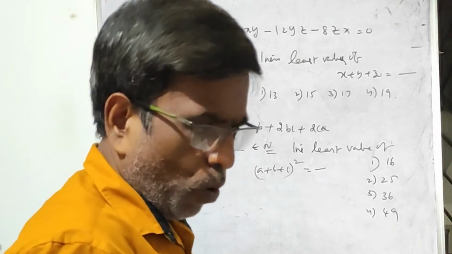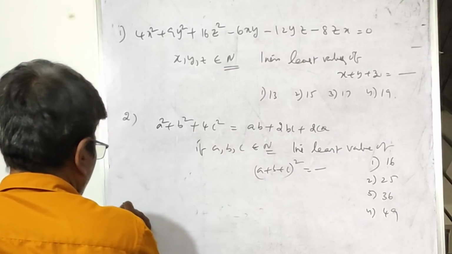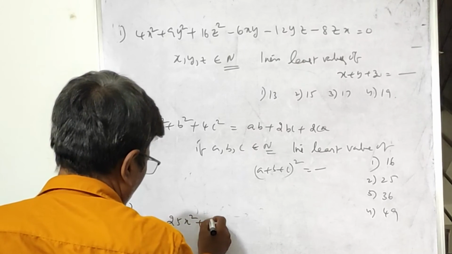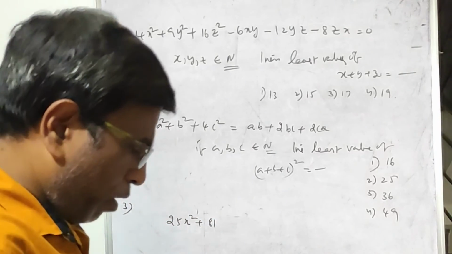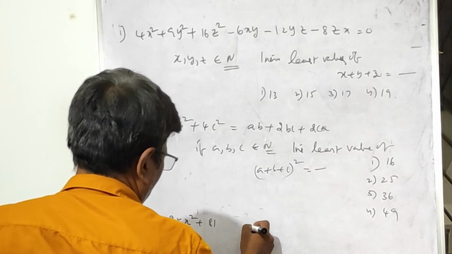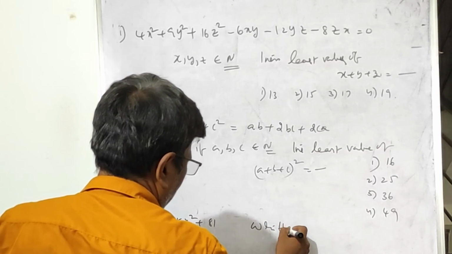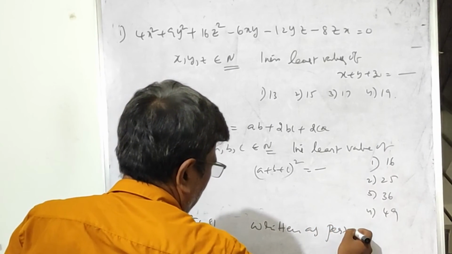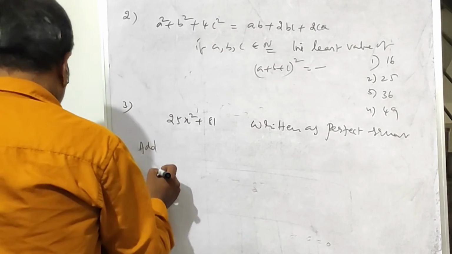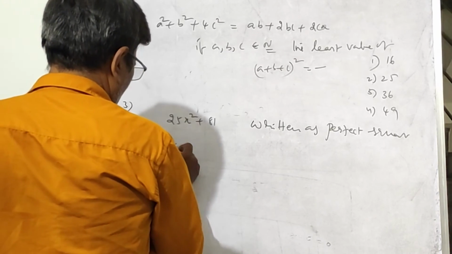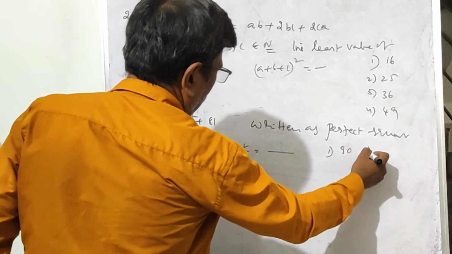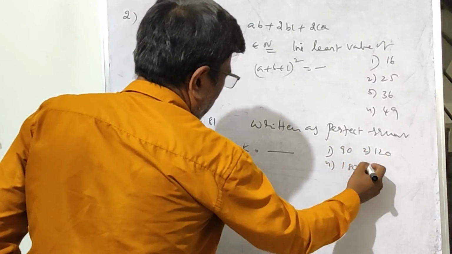So let me explain one more concept. Suppose a question is like this: 25x square plus 81, written as a perfect square, add kx, then k equals what? The options given are 90, 120, 180, 240.